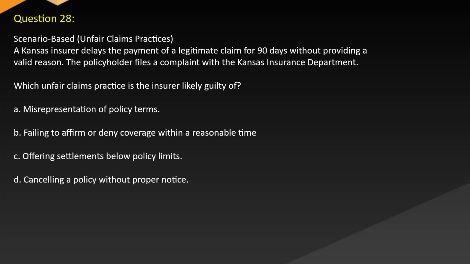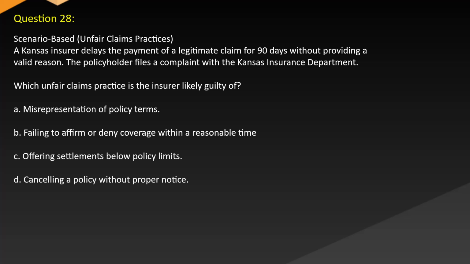Question 28. Scenario-based unfair claims practices. A Kansas insurer delays the payment of a legitimate claim for 90 days without providing a valid reason. The policyholder files a complaint with the Kansas Insurance Department. Which unfair claims practice is the insurer likely guilty of? A. Misrepresentation of policy terms. B. Failing to affirm or deny coverage within a reasonable time.